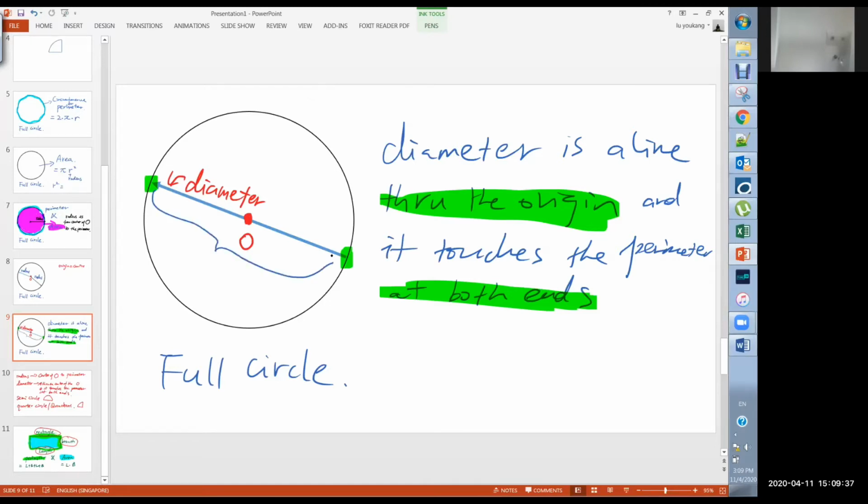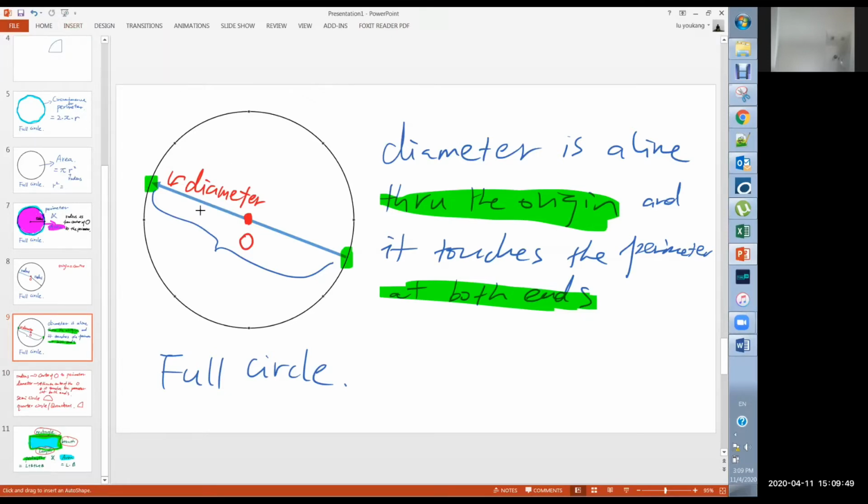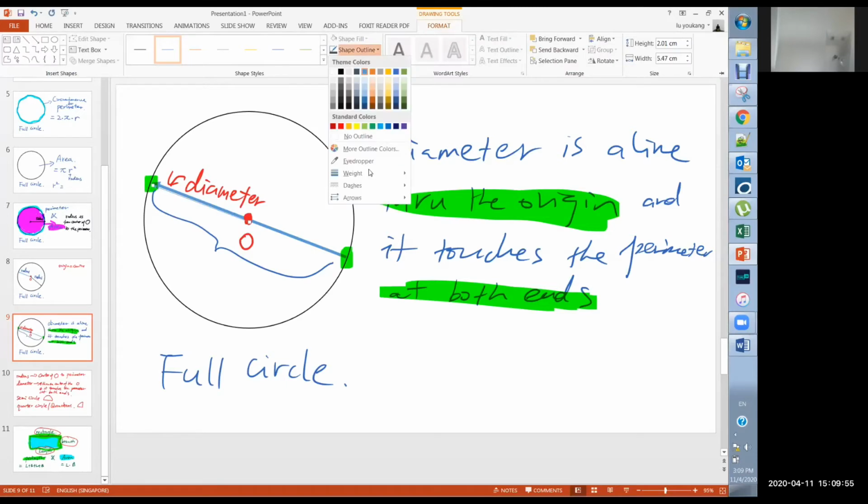Can you see that the diameter is actually what? Do you know what I want to say? Yes or no?